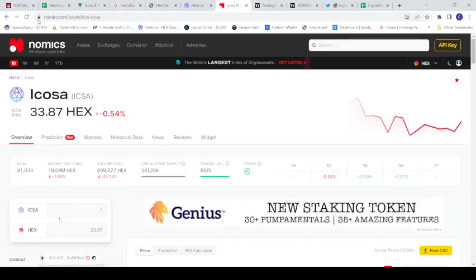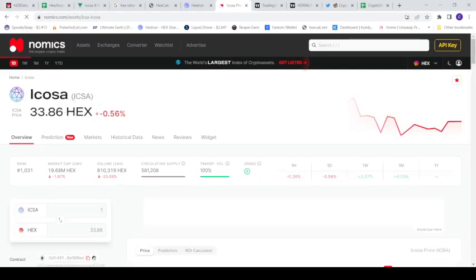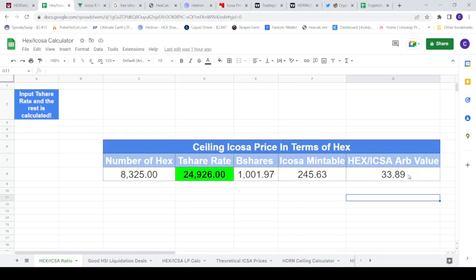So the current market value of hex to Icosa right now is 33.86. So basically, you're better off just giving your HSI to the Icosa contract to get the Icosa.